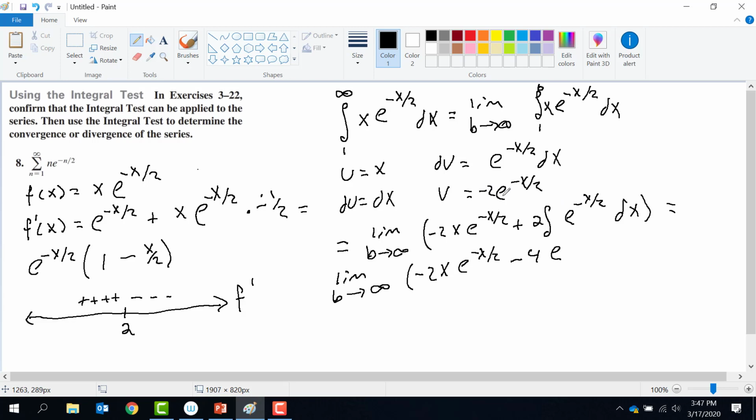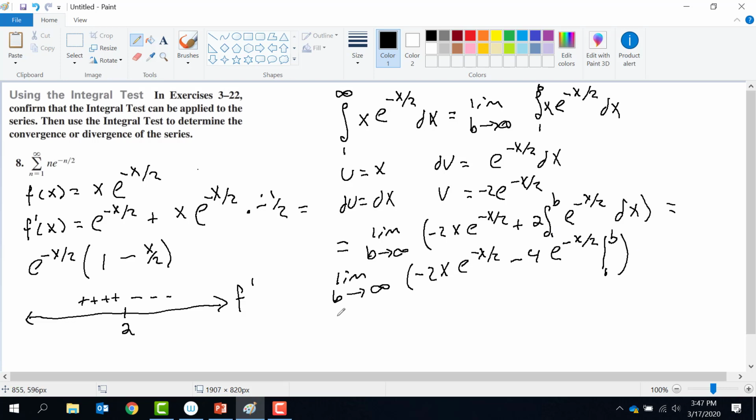We get this minus 2, and since we had this plus 2, that's why that becomes minus 4 e to the negative x over 2. And then we're going to evaluate all of this from 1 to b. I forgot my limits of integration here. This should go from 1 to b.